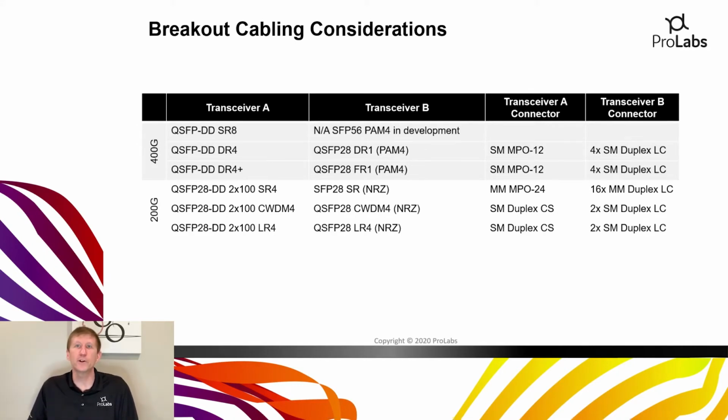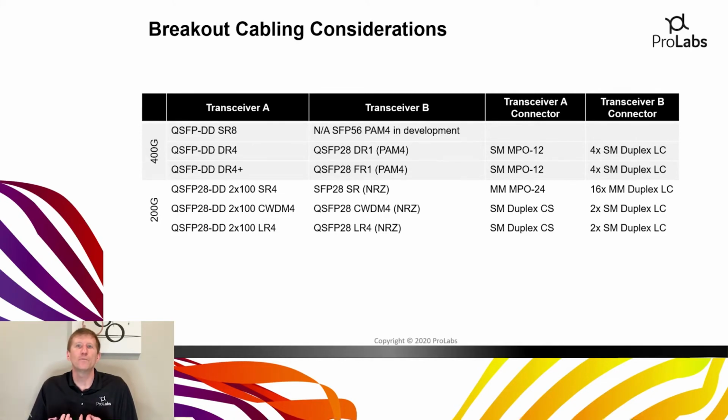On the 200 gig, 2x100 side, for the CWDM4 and LR4, you'll need 2 patch cables for each transceiver, with duplex CS on one end and probably duplex LC on the other. There's also an SR4 2x100 gig transceiver that uses an MPO24 connector, the same MPO24 connector that's been used for quite some time.